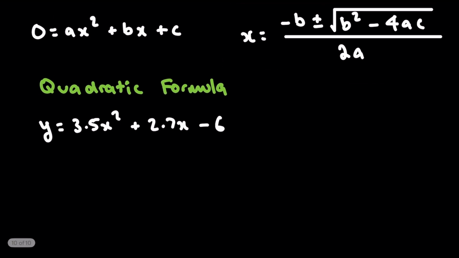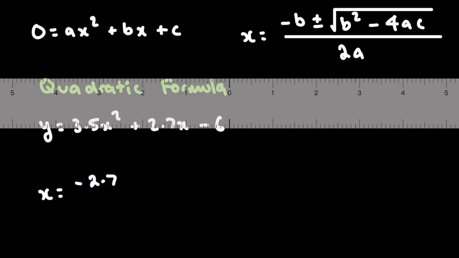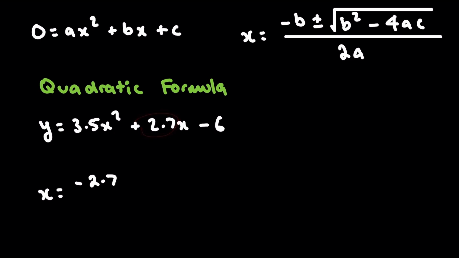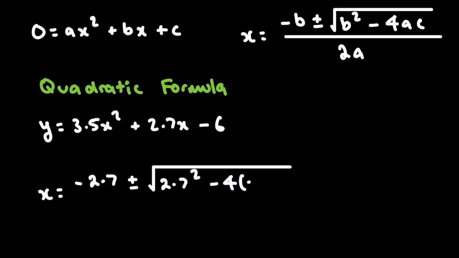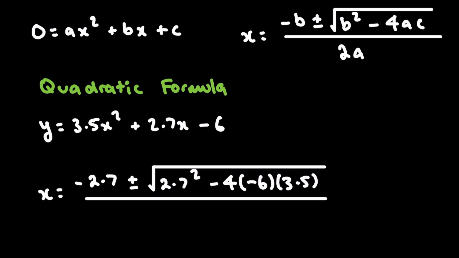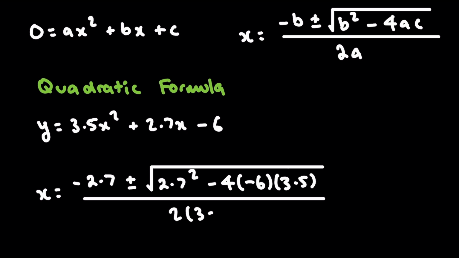The quadratic formula says that if we take this to be a, this to be b, and this to be c, we can solve it by saying x equals minus 2.7, because that is the b term, plus or minus the square root of 2.7 squared, take 4 times minus 6 times 3.5, divided by 2 times 3.5.